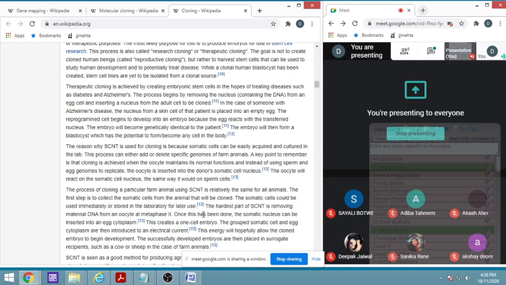This embryo will become genetically identical to the patient, because it is from the same skin cell of the same patient. This embryo will then form a blastocyst, which has the potential to become any cell in the body. Since other neural cells cannot be developed, but these blastocysts can develop into neuronal cells, if we can inject them into the brain of the Alzheimer's patient, they can take the place. This is what the thinking is.